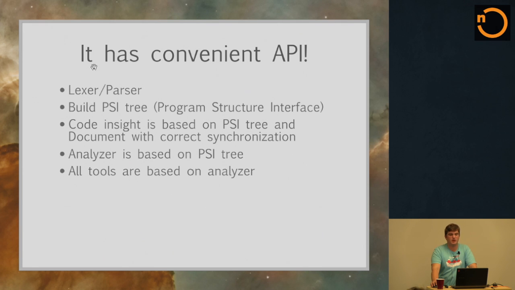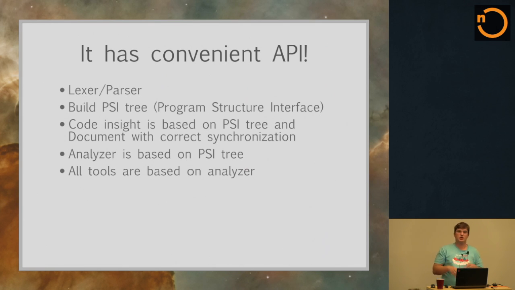Everything starts from lexing and parsing of your code, then building a PSI tree over your parser tree. PSI tree is program structure interface. In IntelliJ, we can merge PSI trees on any changes.